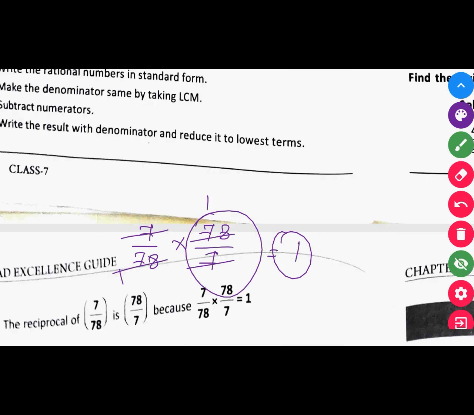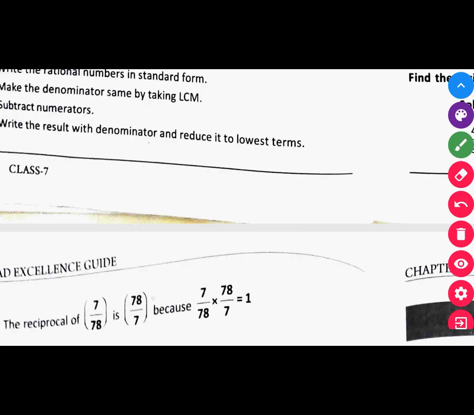But if we have to do operations first like multiplication, division, and then find the product, then first solve the example, and while getting its reciprocal, you just change the position of numerator and denominator and you get its reciprocal.